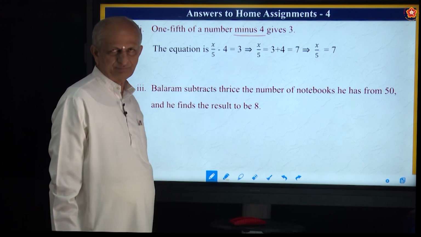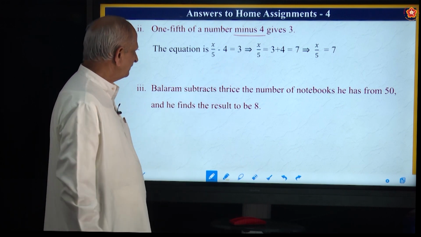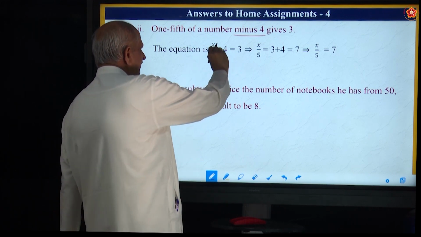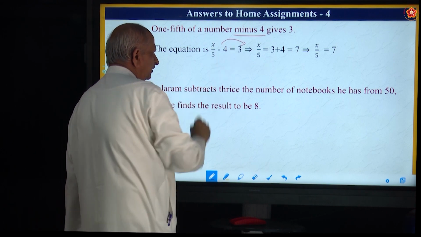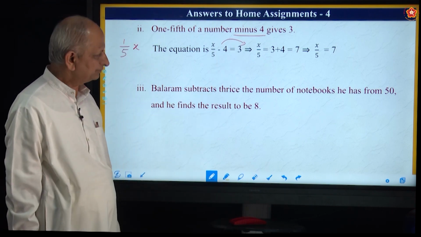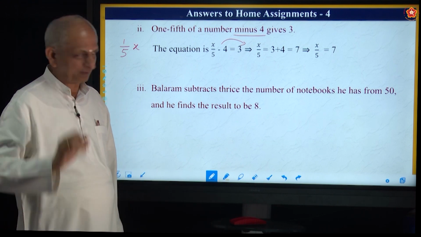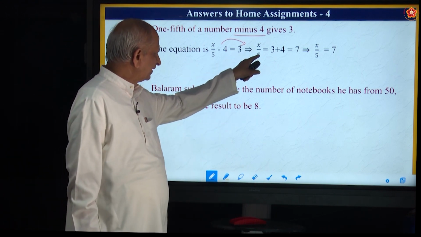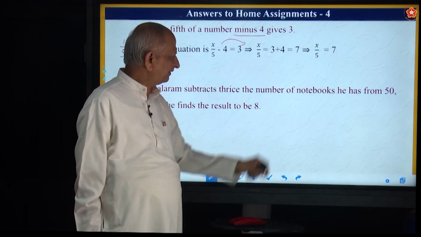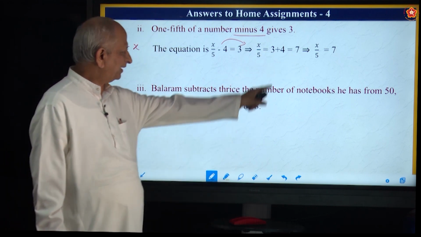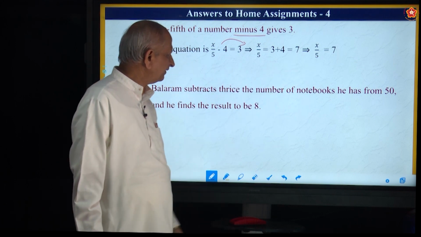This is the equation. Now, this minus 4 is to be shifted to right hand side. That is called transposition. Why you must shift it? To find the value of the unknown. So, x by 5 becomes 3 plus 4, that is 7. So, x by 5 becomes 7.